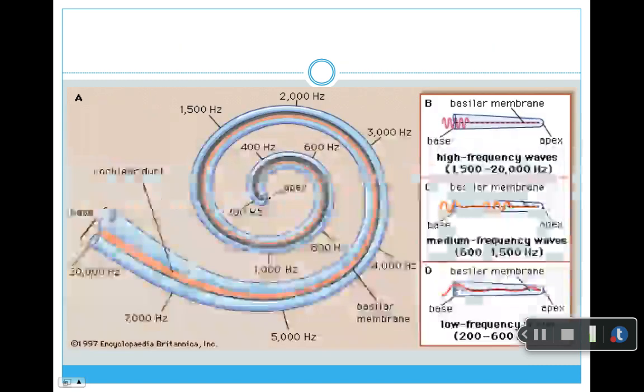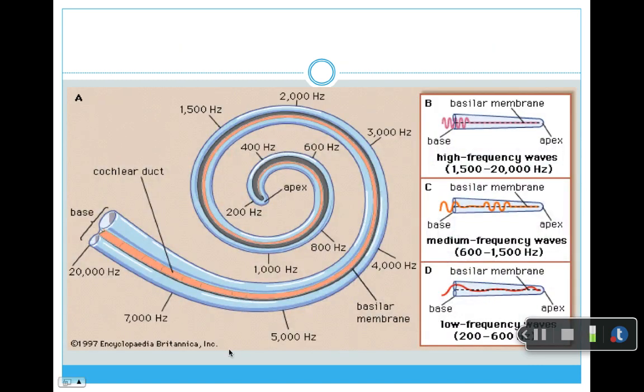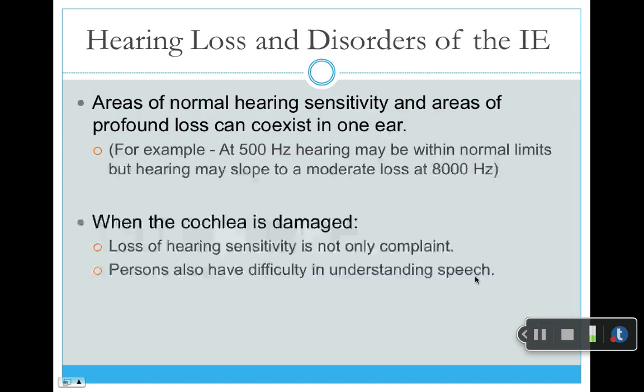For example, we tend to lose our high frequency hearing first, right? That's presbycusis, that age-related hearing loss. A person may have damage all through here, but then this part of the cochlea might be A-OK. So you can have areas where you don't hear certain frequencies and areas where you do hear certain frequencies. It all depends on the health of the outer hair cells.